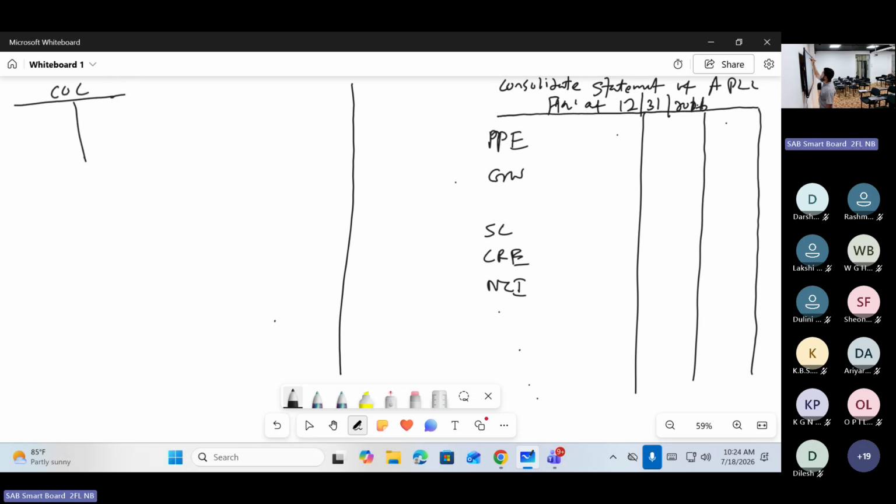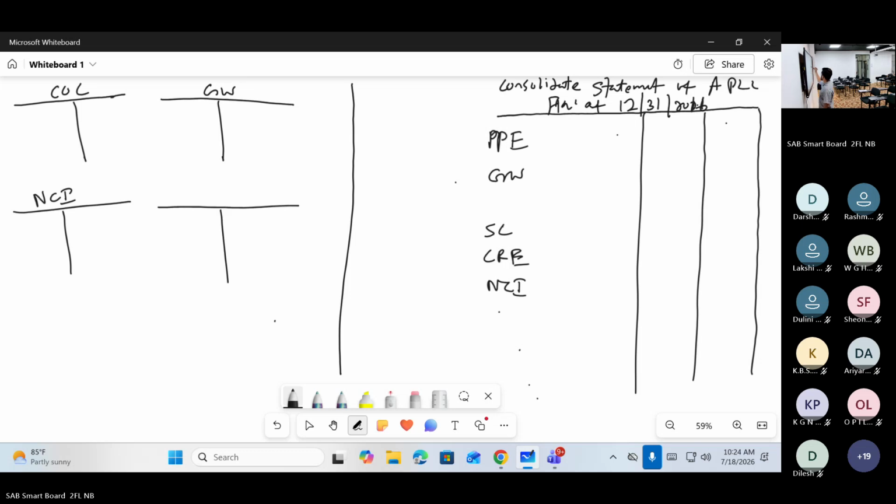Cost of control account, non-controlling interest account, goodwill account, consolidated earnings account, and subsidiary retained earnings account.